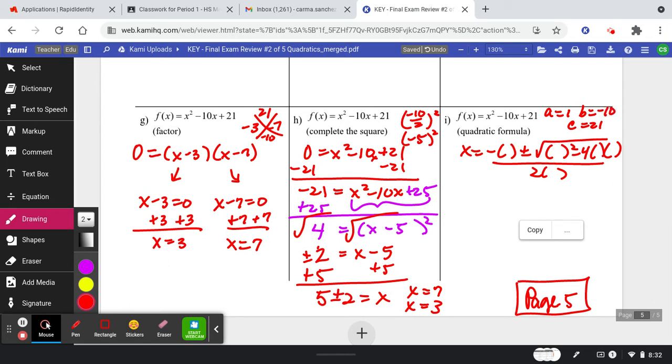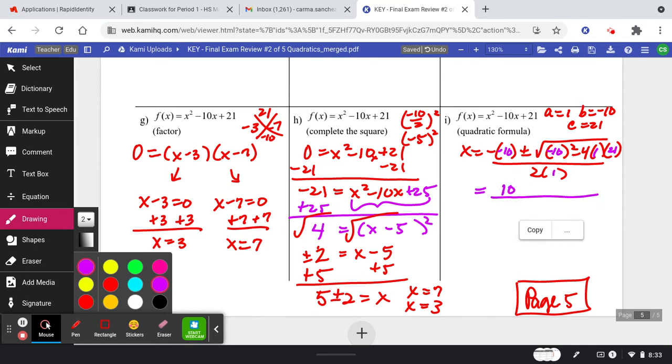And then go plug those in. So it's negative 10, negative 10 squared, 4 times a times c over 2a. So negative 10 is positive 10, positive 2, square root of 100.